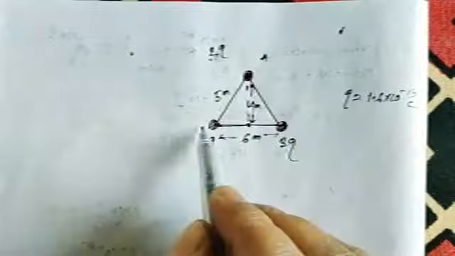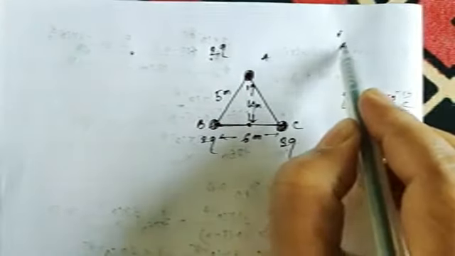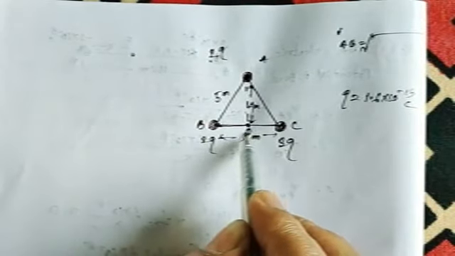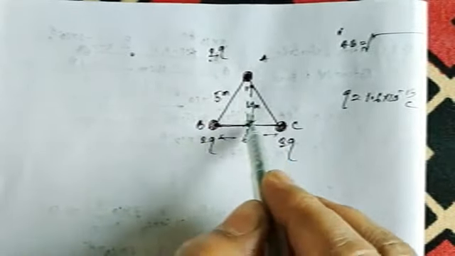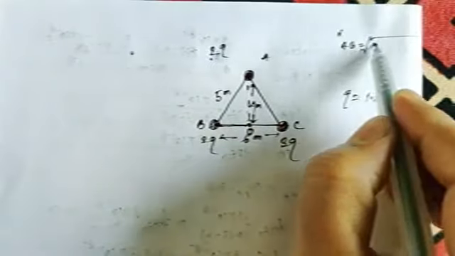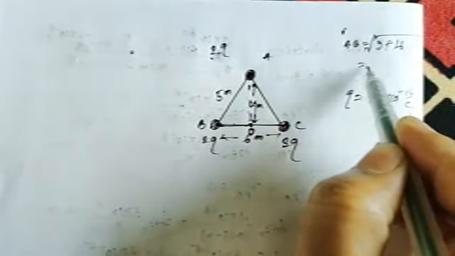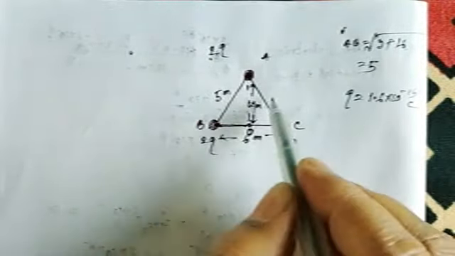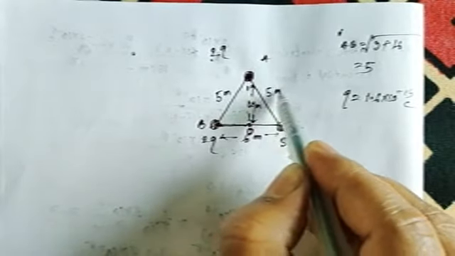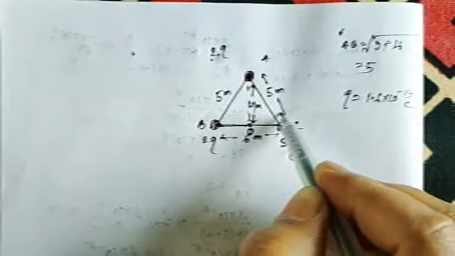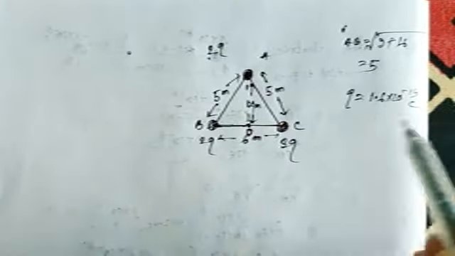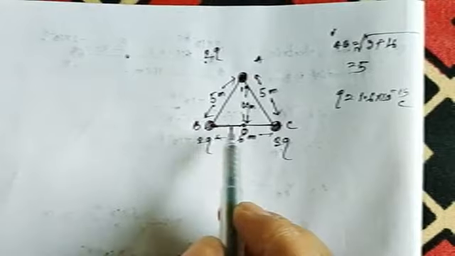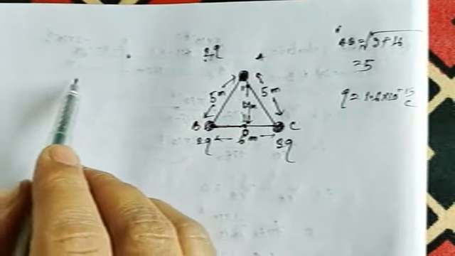Because if we consider A, this one is B, this one is C, then AB equals square root of BO square plus OA square, where O is this point. Now BO means 3, 3 square is 9, and 4 square is 16, 16 plus 9 is 25, and square root of 25 is simply 5. Therefore AB will be 5, as well as AC also will be 5 meter.